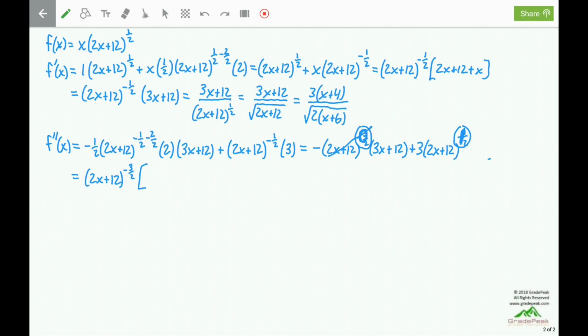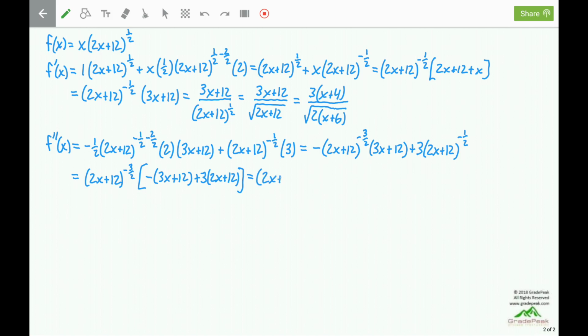There's what's left over. So we will have a negative times the 3x plus 12. And we will have a positive 3 times 2x plus 12.